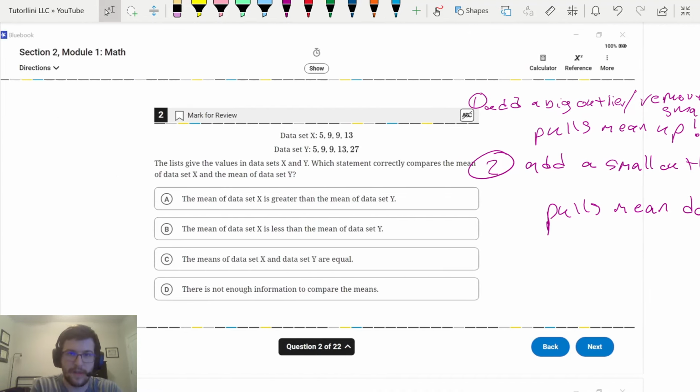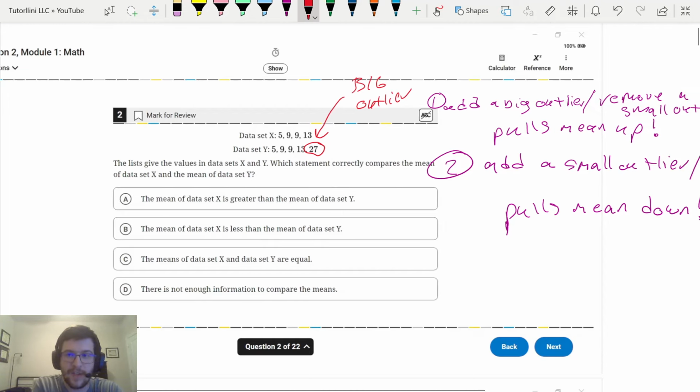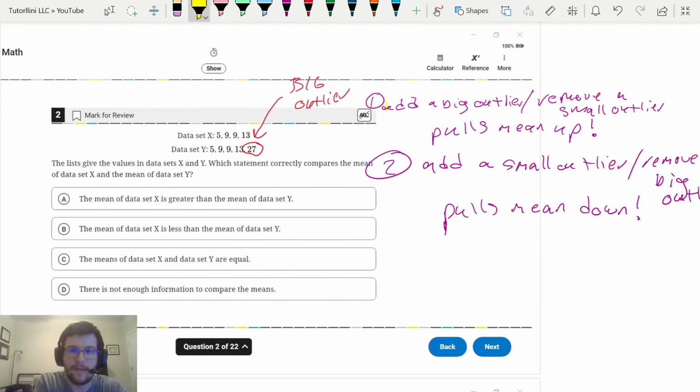So you notice in this one, we've got 5, 9, 9, 13, and then there's this 27. This 27 is much bigger than the rest of the data, so it's a big outlier. And it was added, so we added a big outlier. So the mean is going to go up.